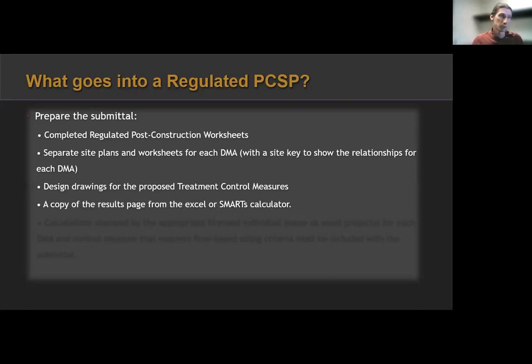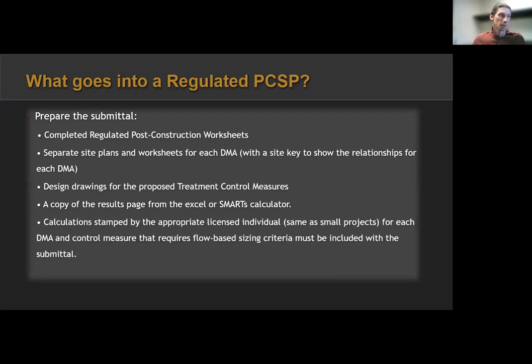A copy of results page from the Excel or Smarts calculator still, because that's going to be showing us our runoff goals. And then calculations stamped by the appropriate licensed individual. Same requirements as the small projects for each DMA and control measures that require specifically flow-based sizing criteria. Those need to be included in the submittal.